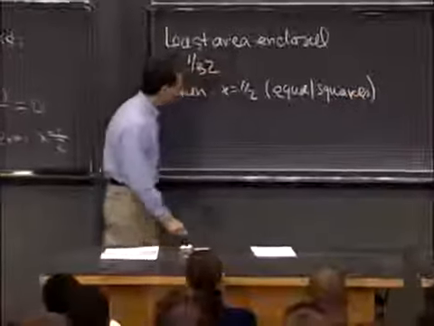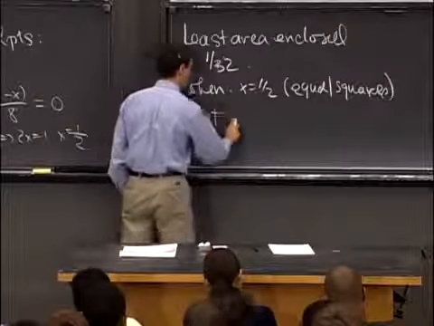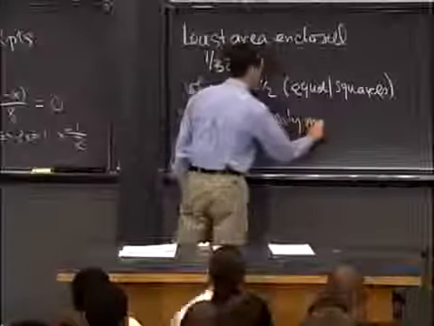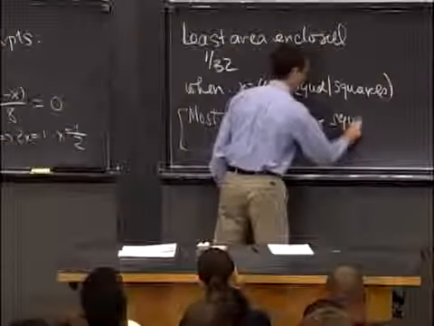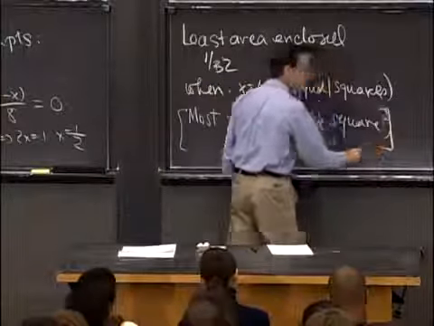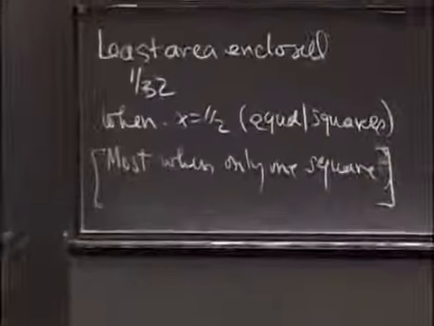And the most area is when there's only one square, which is more or less the limiting situation if one of the pieces disappears.